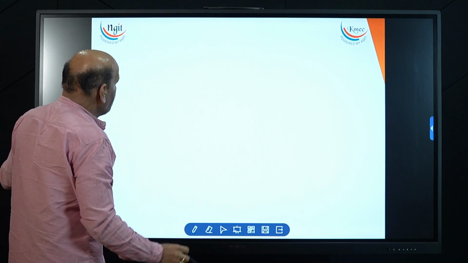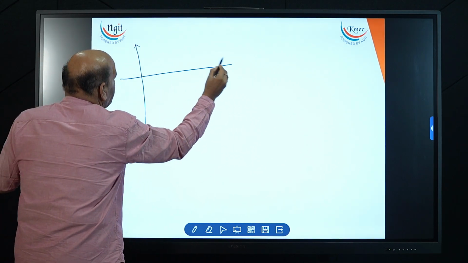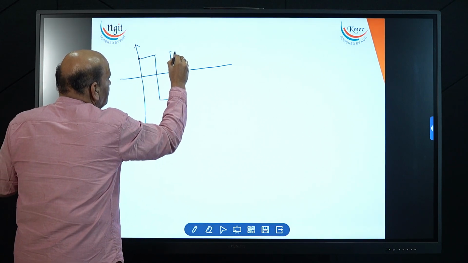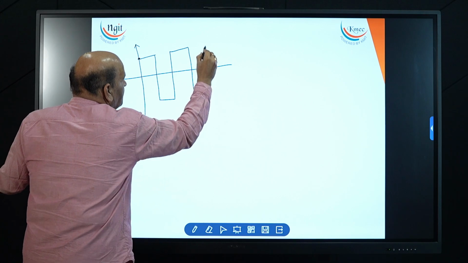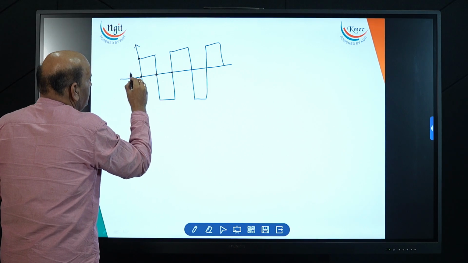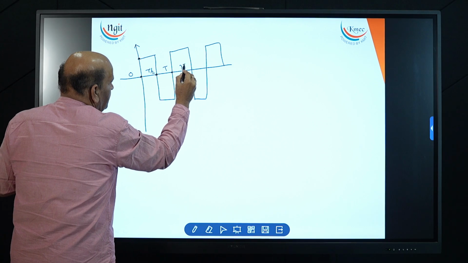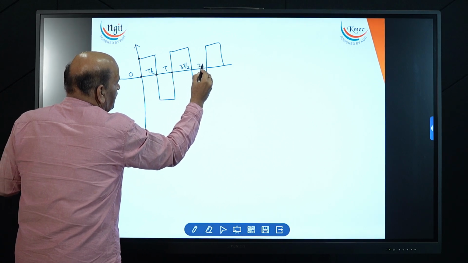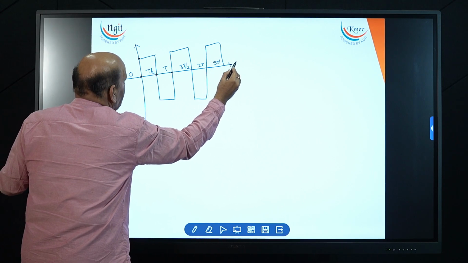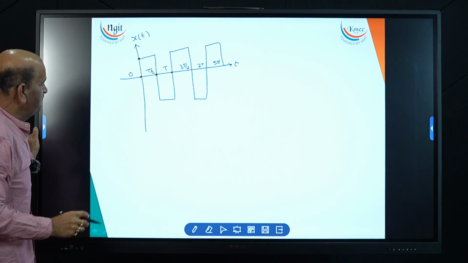Now, we did one problem that is called the square waveform. In this format we made it. This is 0, T by 2, T, 3T by 2, this is 2T, this is 5T by 2, like this. There is a wavelet format. The problem is given like this.